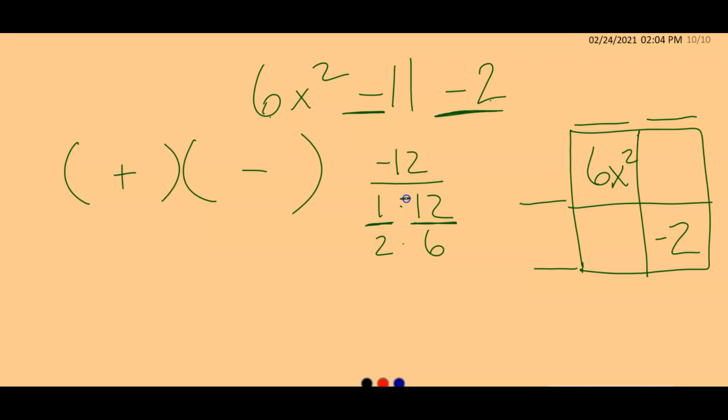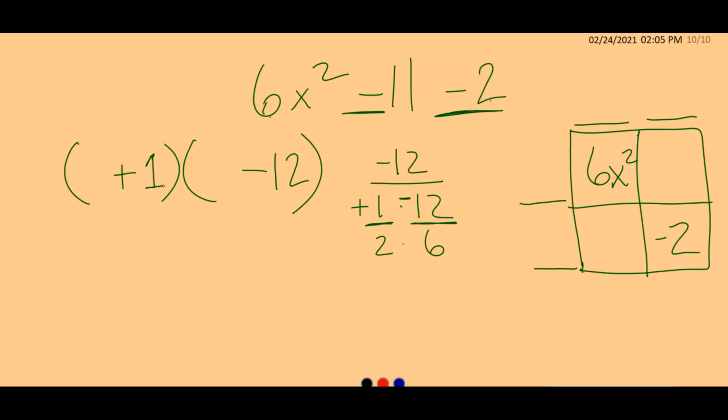So if I have a -12 and a +1, when I multiplied those 2 together, I would get -12. And if I added them together, I would get -11. So let's go ahead and do that. All right. So I've got -12 here, and I've got +1 here.